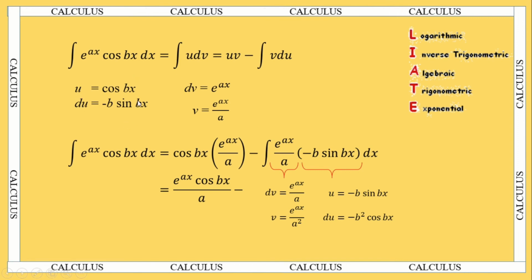After we differentiate and integrate, we just need to substitute into the formula: u multiplied by v, minus the integral of v multiplied by du.